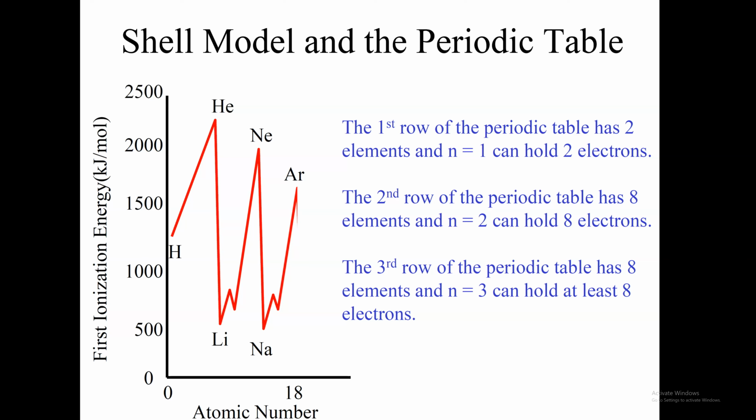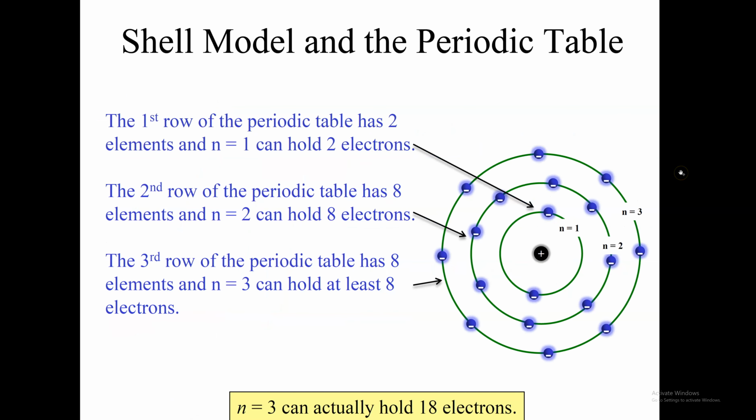That's a lot. If you take a look at the second row, this one has 8 elements, going from lithium all the way to neon, and these can hold up to 8 electrons maximum. As you can see, the ionization energy starts dropping as you increase in rows. To understand why, we need to see what that looks like.